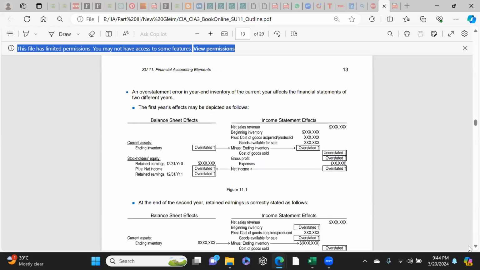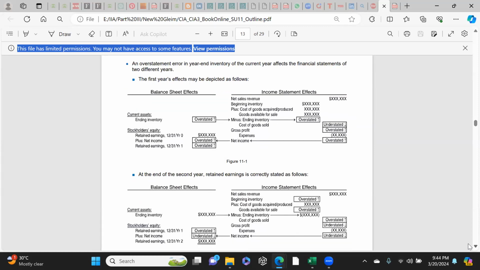Okay? On the other hand, at the end of the year, retained earnings is correctly stated as at the end of the second year. What is going to happen is now this is overstated.